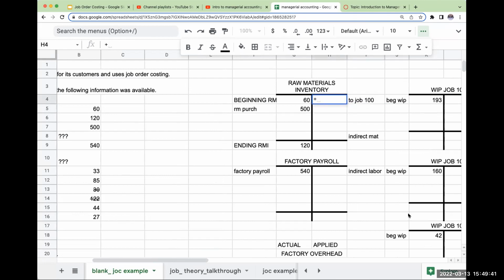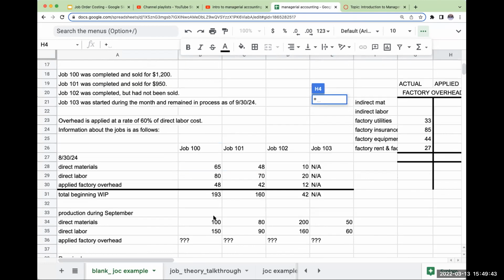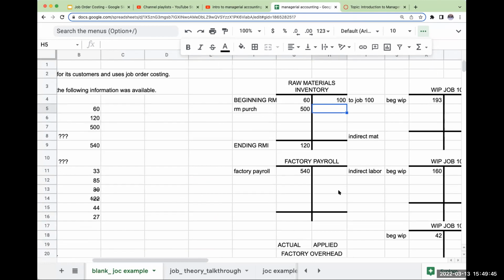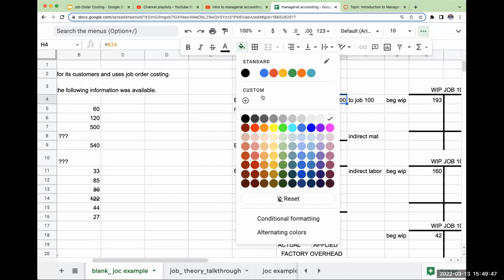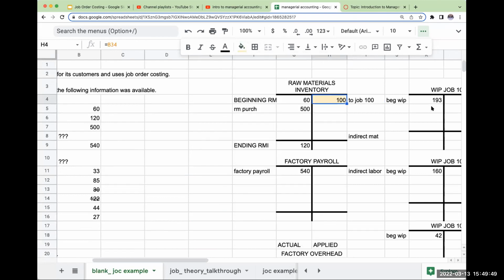Let me just make sure I got this correct. So right over here, 100 going to job 100, right? So where is this going to be going to? We'll just go ahead and put this in over here. So this is my direct materials job 100.